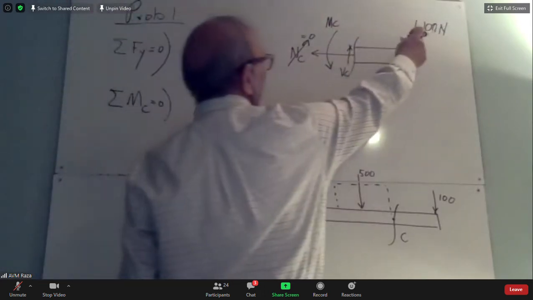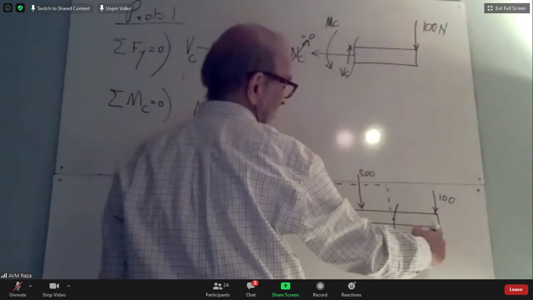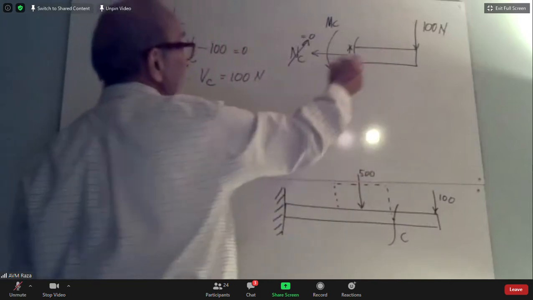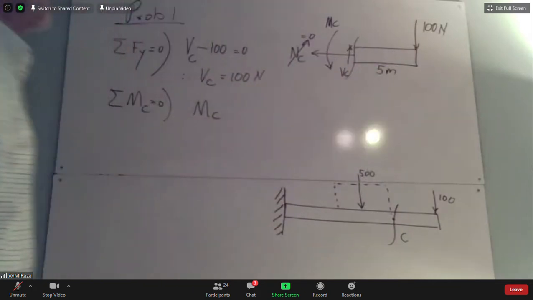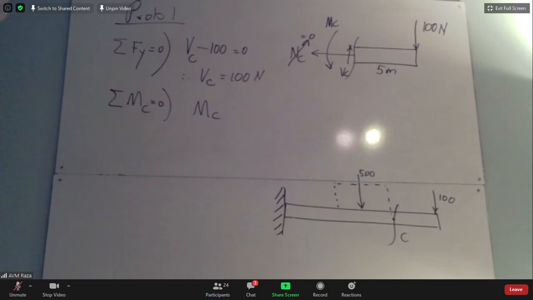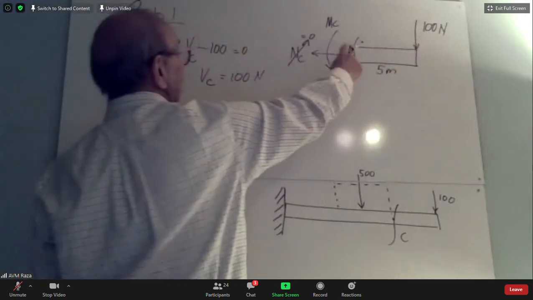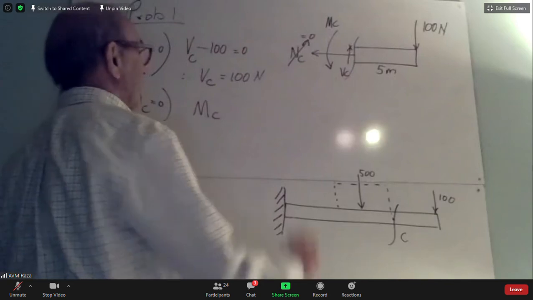The only other one would be 100. What is this moment arm? This distance is 5. So will this moment be positive or negative, 100 times 5? It will be negative because it's going to be a clockwise moment at C. Clockwise moments by convention are taken negative.